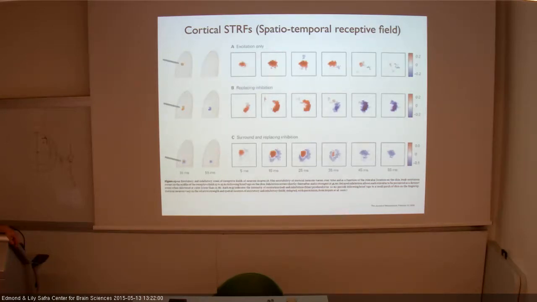What you can see here, for example, is what we call a replacing inhibition receptive field, meaning that if you touch this area on the skin, you'll get activation in cortex, but later, the touch on this same location will inhibit the neuron.